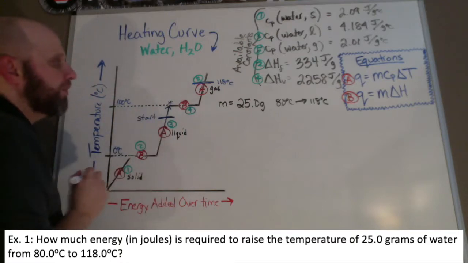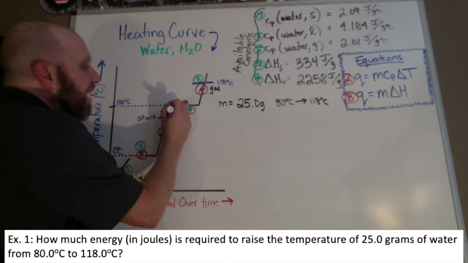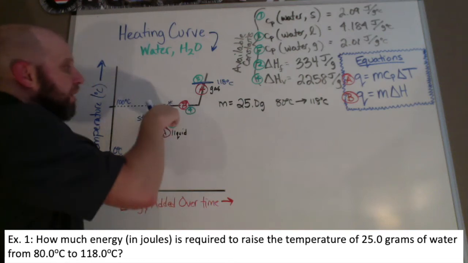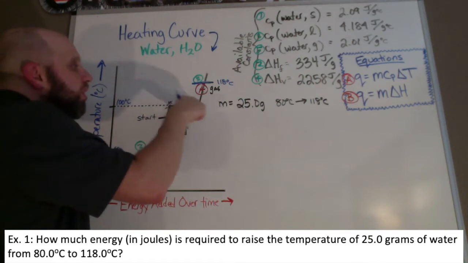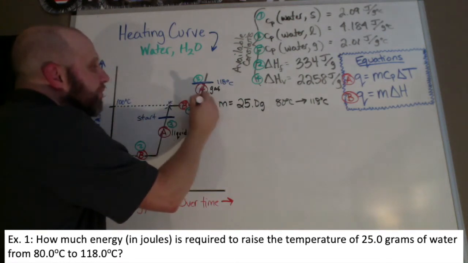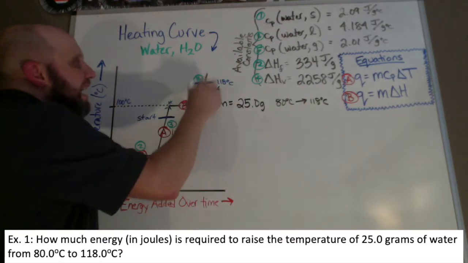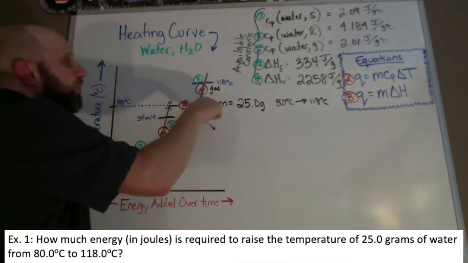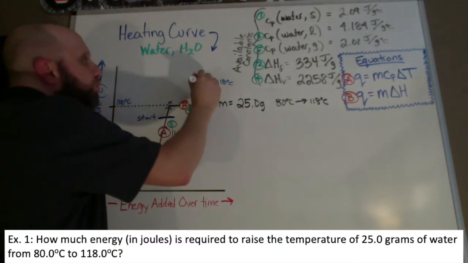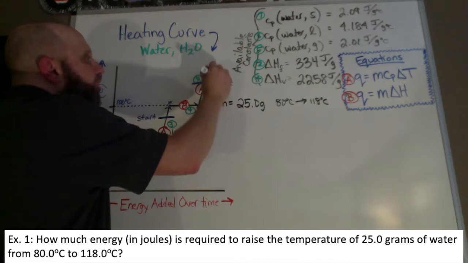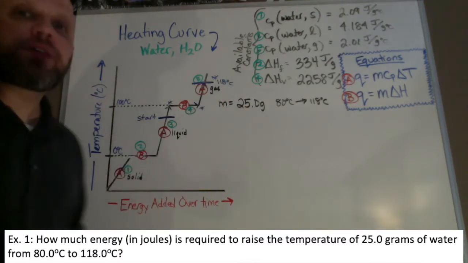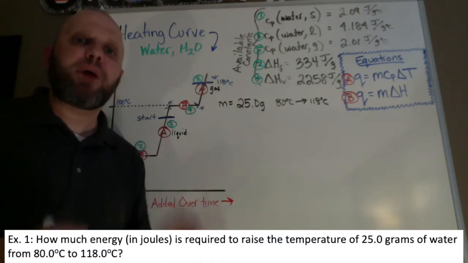So that's one step. Then I need to go at 100 degrees Celsius and go from all of that water being a liquid to all of that water being a gas. So that's part 2. And then I need to take that gas and heat it from 100 degrees Celsius, where I am here, up to 118 degrees Celsius. So I need to do this in 3 different parts.